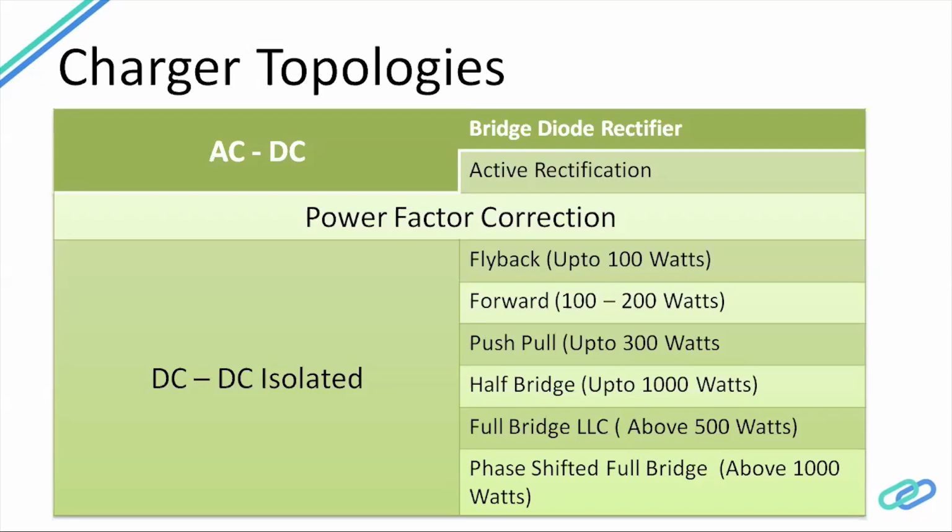That is uniform across mostly all types of vehicles. But if you are talking about fast chargers, then you will require phase shift full bridge chargers, because they are specifically used for high power applications. And for mid power applications you can go for the full bridge LLC type of charging topology.